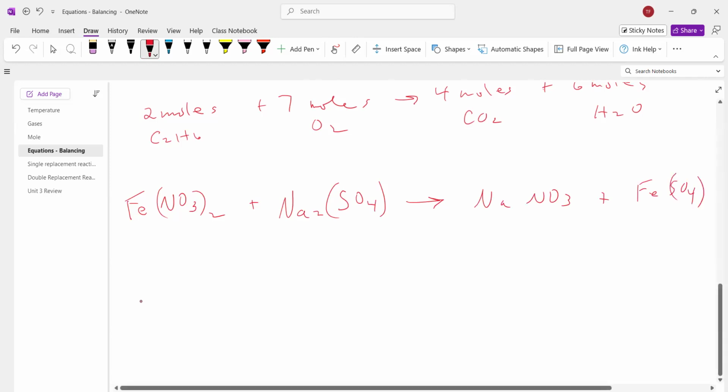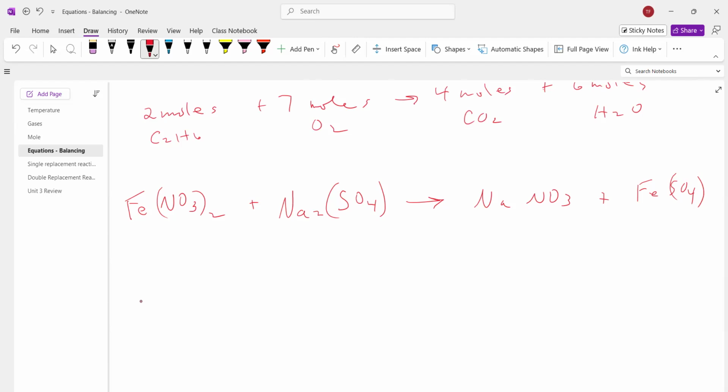Okay, so we have iron nitrite plus sodium sulfate gives us sodium nitrite plus iron sulfate. So it's a chemical reaction. In fact, this is called a double displacement reaction, and we're going to study those as a separate lecture topic. But for right now, it's just a general chemical equation.